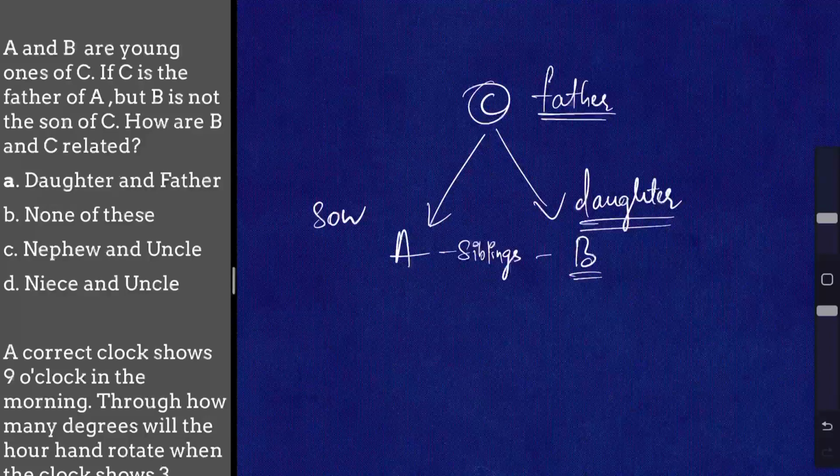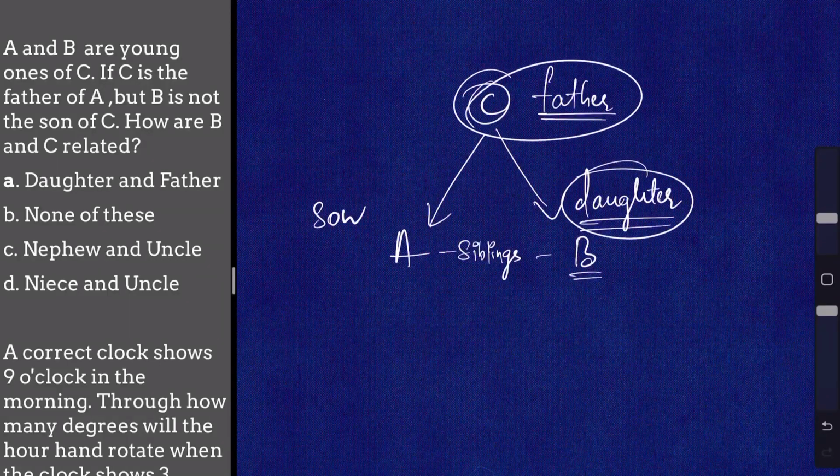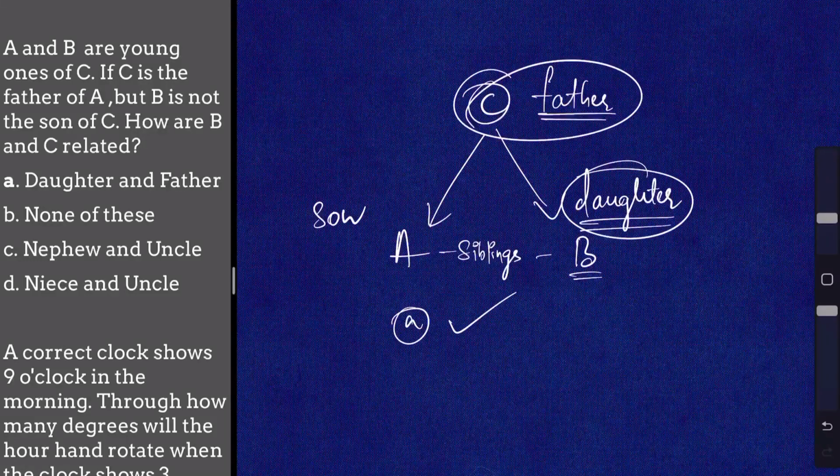So there is nothing much happening here. Simply select daughter as the option. How are B and C related? Obviously daughter and father. So option A can be easily selected. Let's move on.